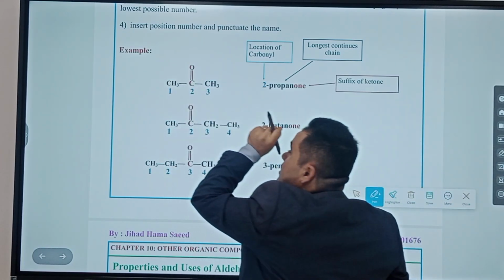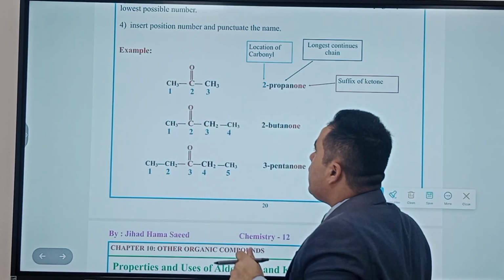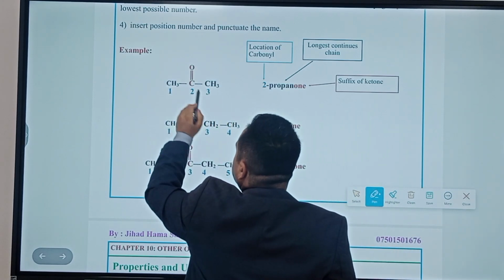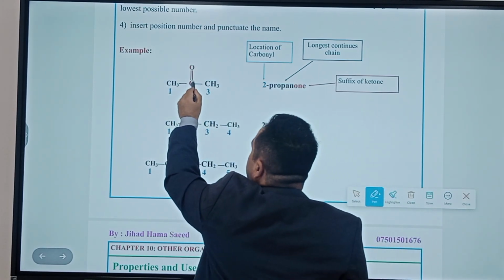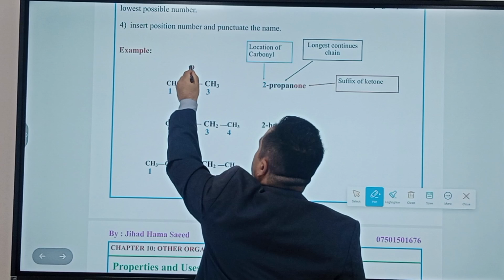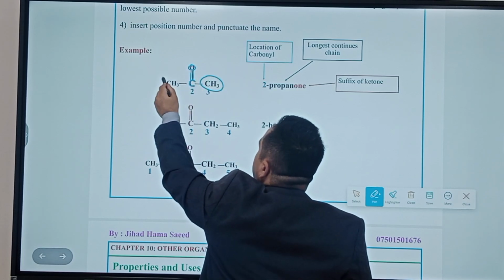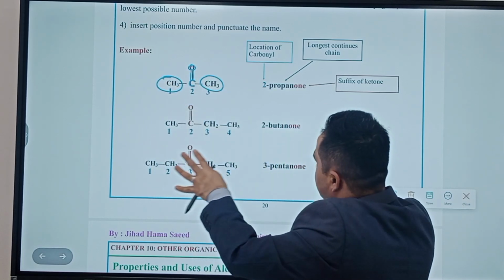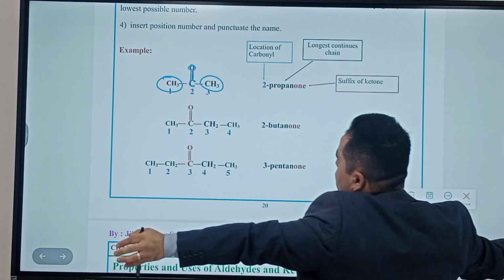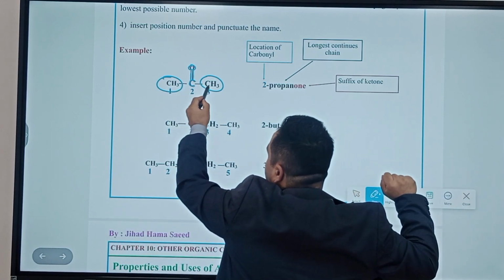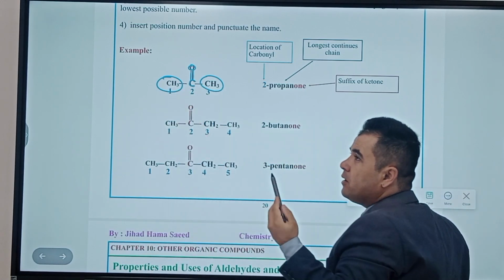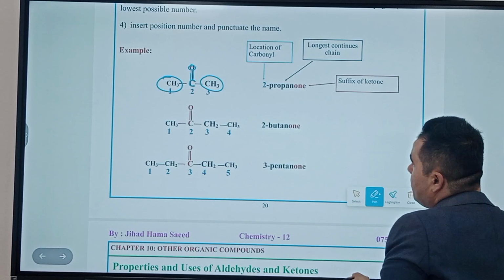How do we know this is a ketone? Because the carbonyl is in between two carbons. It's not at the end. It's the carbonyl group, C double bond with O, with a methyl and another methyl. I mean, it's three carbons. 1, 2, 3, 1, 2, 3 from each end, the carbon gets the same number.